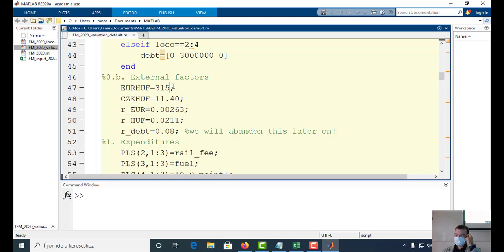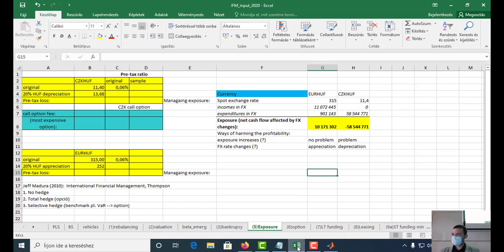But the problem is that it's really hard to imagine that the Hungarian forint appreciates against the Czech koruna because it increases profitability, and at the same time it depreciates against the euro. That would be the best case scenario. It's just highly not possible.